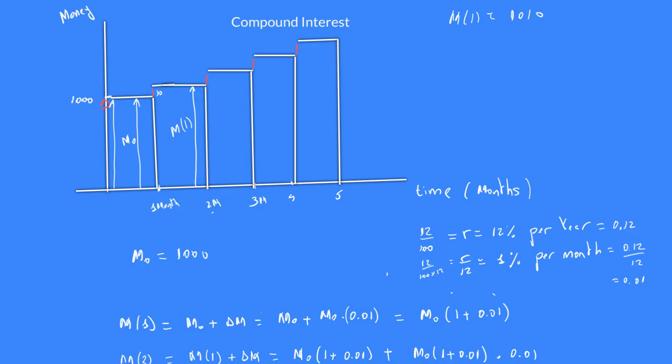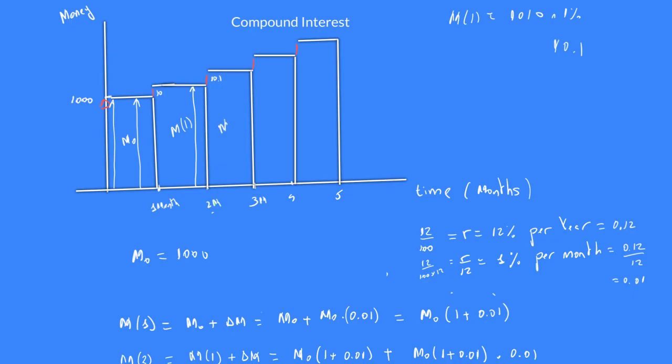So he will give you 1% of the 1,010, and 1% of the 1,010 means 10.1. So the amount of money increases by another $10.1.